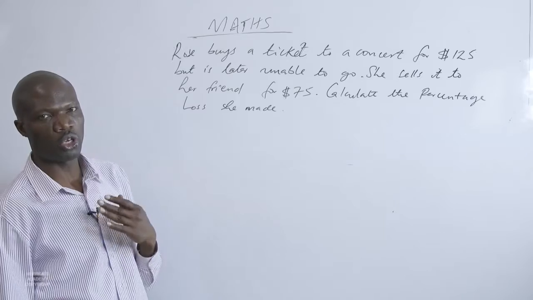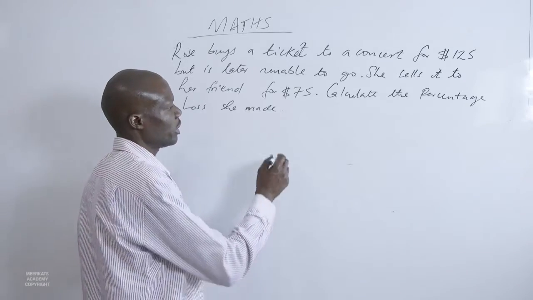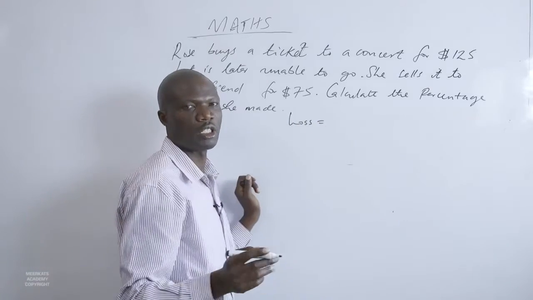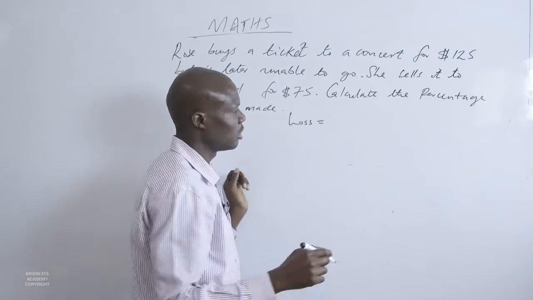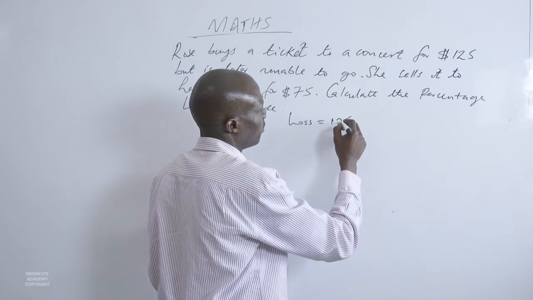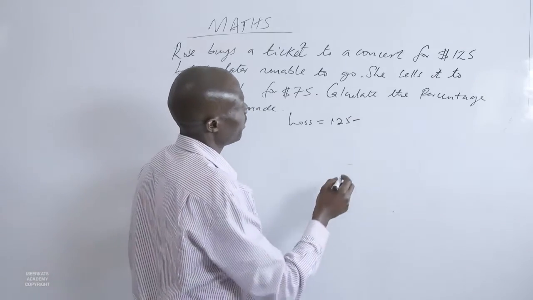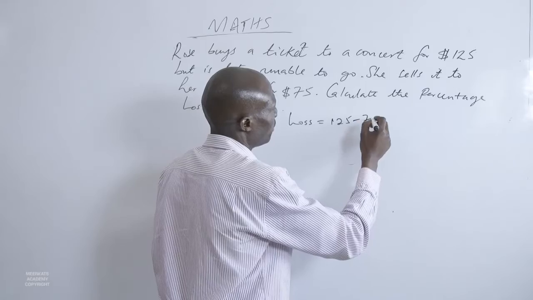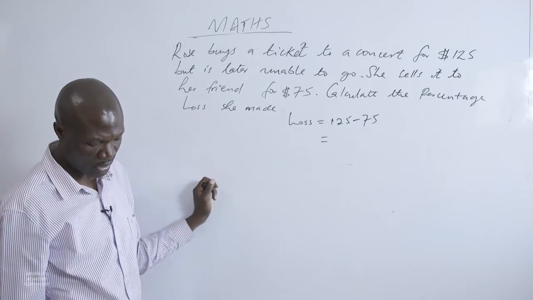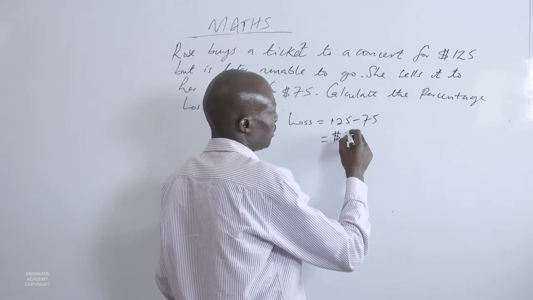So before we go into percentage loss, we are already aware it's a loss. We calculate what is our loss. Loss is simply the cost, which is 125, minus the selling price, which is 75. When you subtract that, you find that it is equivalent to $50.